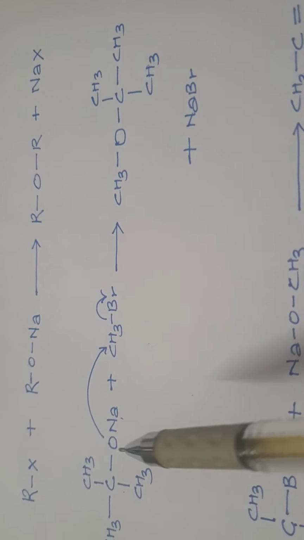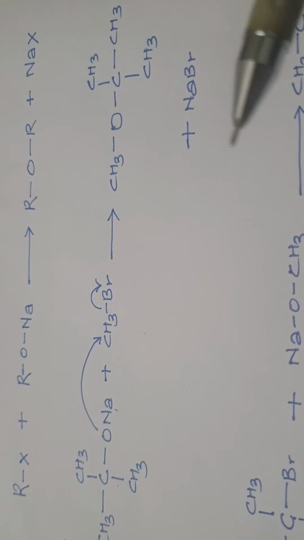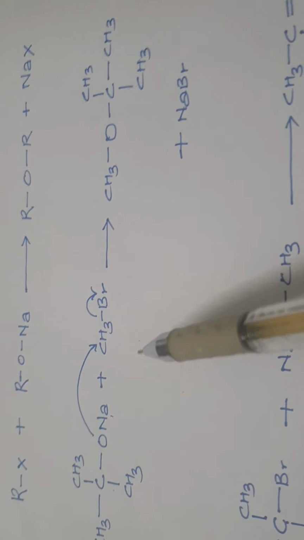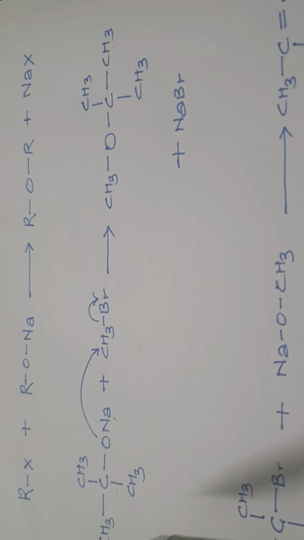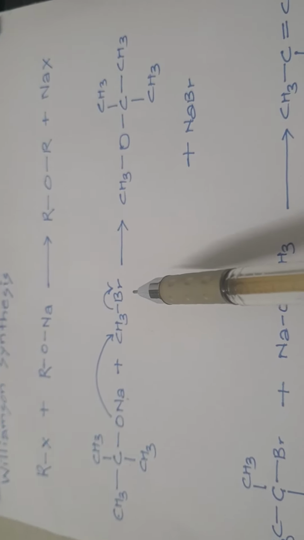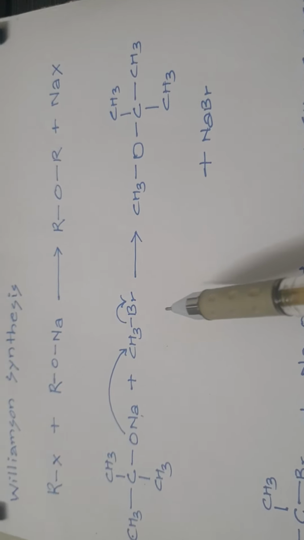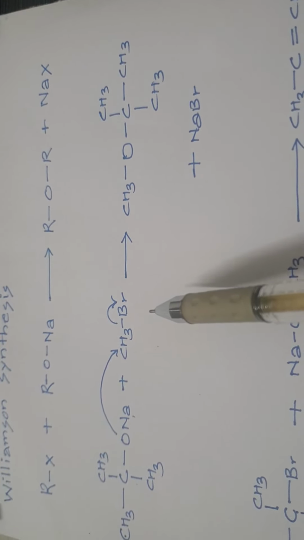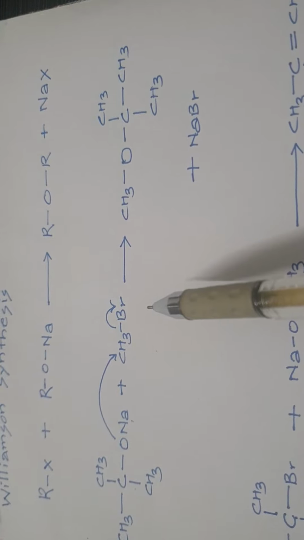But if, say, suppose a simple question can be asked, can I interchange this? That is, can I have a tertiary group being attached to an alkyl halide, and the primary one to be the alkoxide part, whether the same reaction will be undergone?